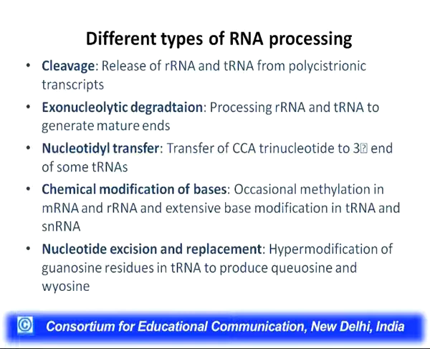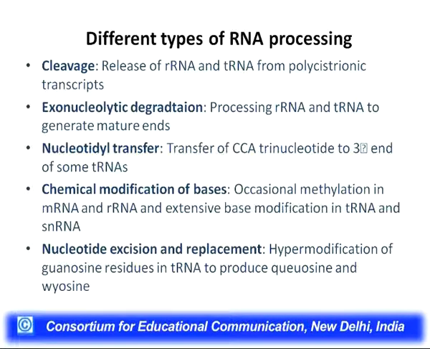This usually occurs when polycistronic RNA or polycistronic tRNA has been cleaved, and the individual molecules are then cleaved from one of the ends or both the ends to generate mature molecules, and this is known as exonucleolytic degradation.